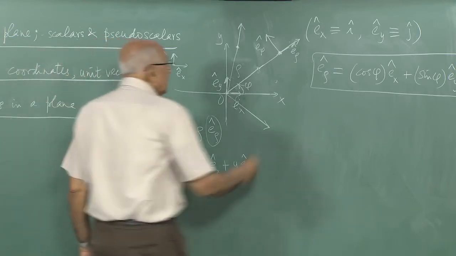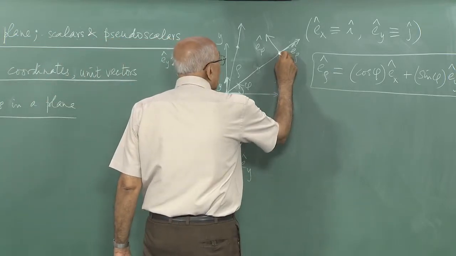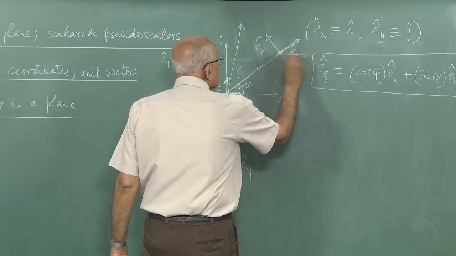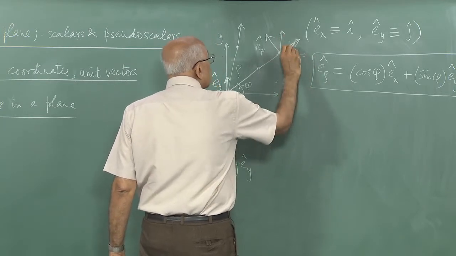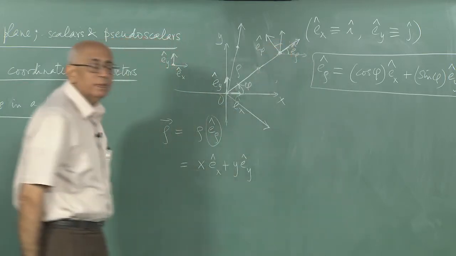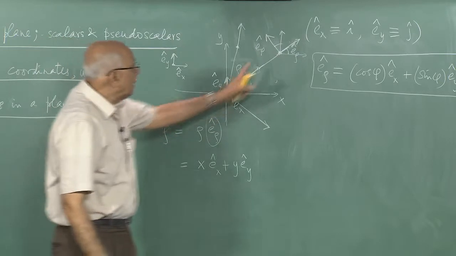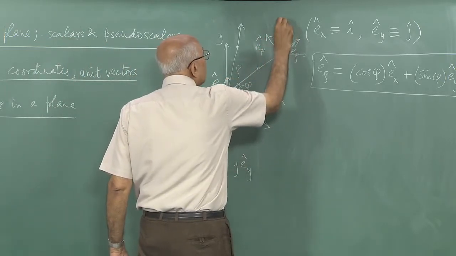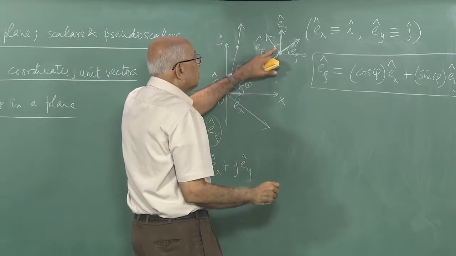Again, it is easy to see what it will look like in Cartesian coordinates in terms of Ex and Ey, because in the same figure, Ex along here, Ey along here, this angle is phi, and E phi has a component along Ey, and this angle is phi.